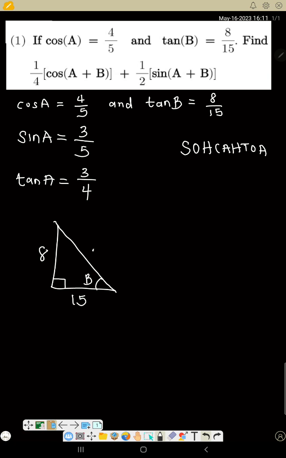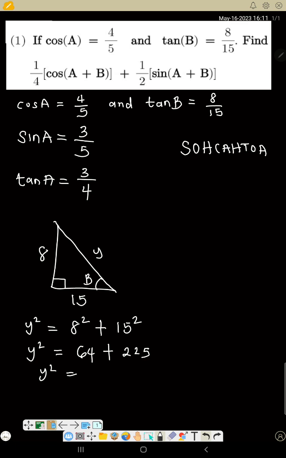So we need to find the hypotenuse. Call it y. We will be using Pythagoras theorem again. Hypotenuse square, that is y square, equals opposite square, that is 8 square, plus adjacent square, 15 square. So y square is 8 square, which is 64, plus 15 square, which is 225.